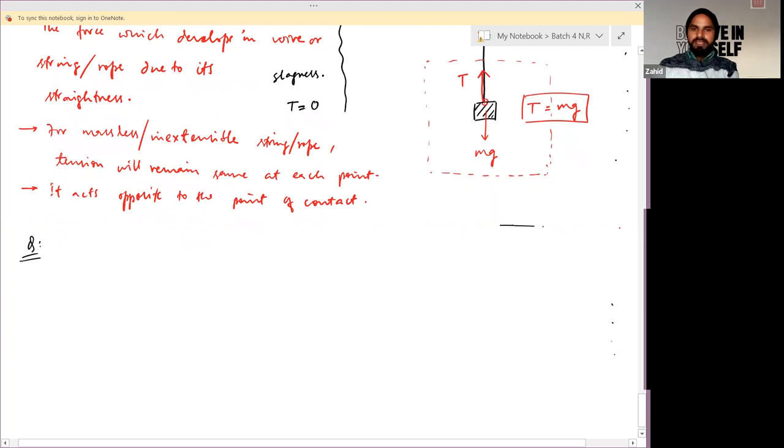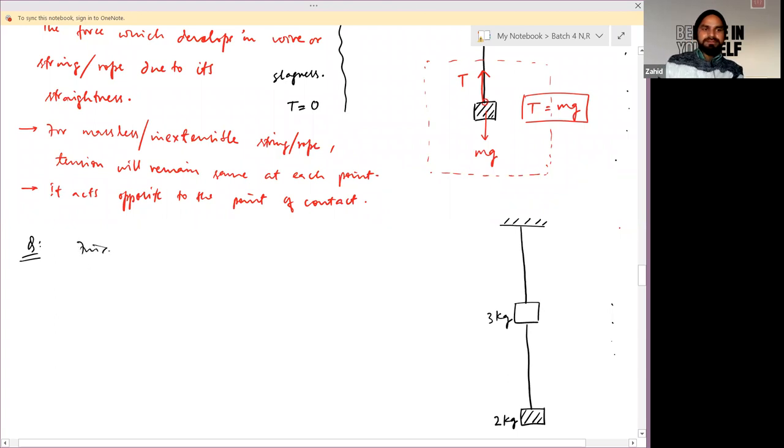Suppose you have a support like this, from which a string, another string is connected. Mass of this block is 2 kg, and mass of this block is 3 kg.